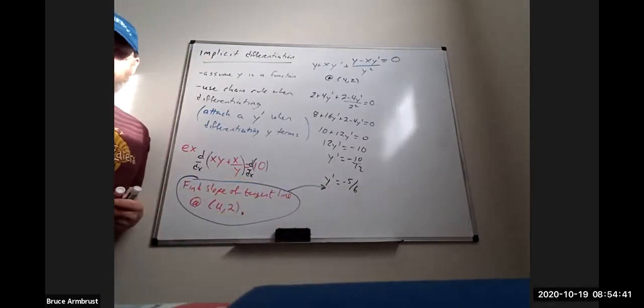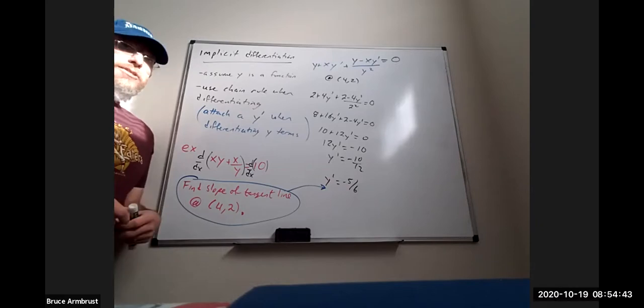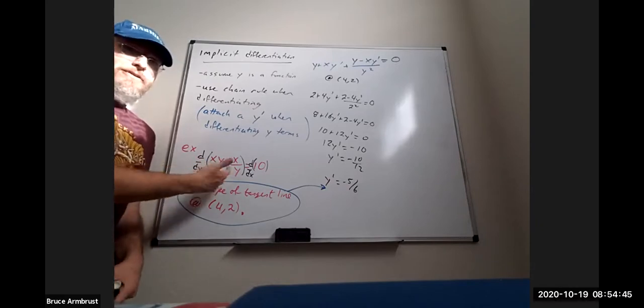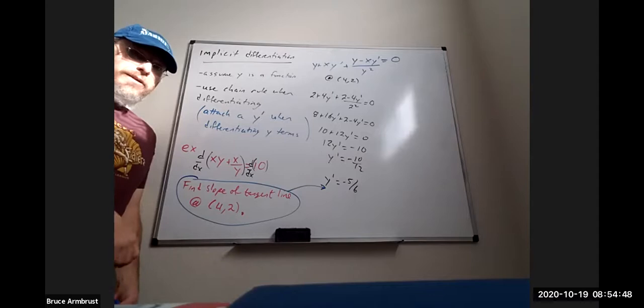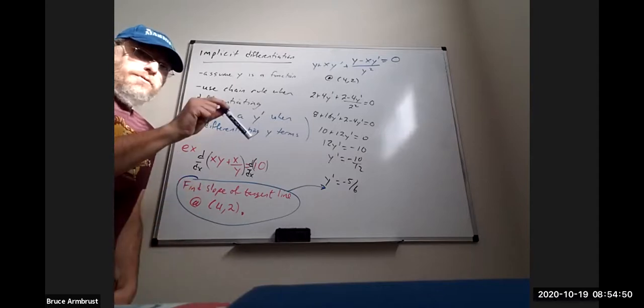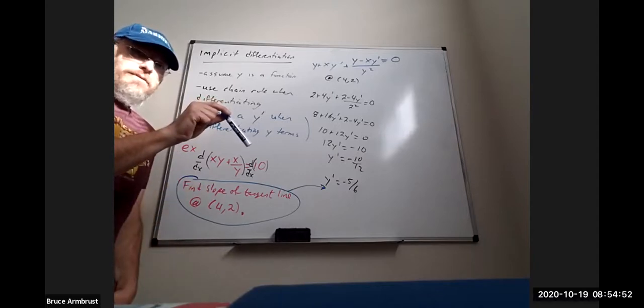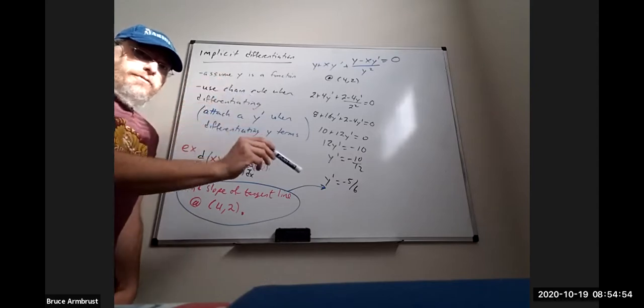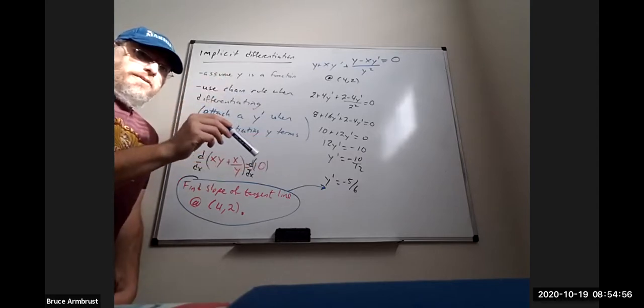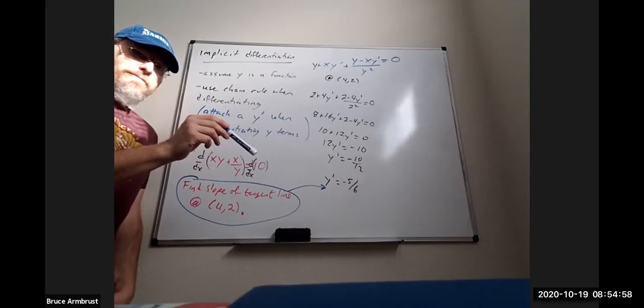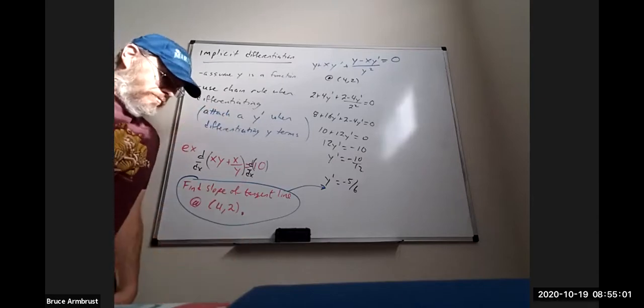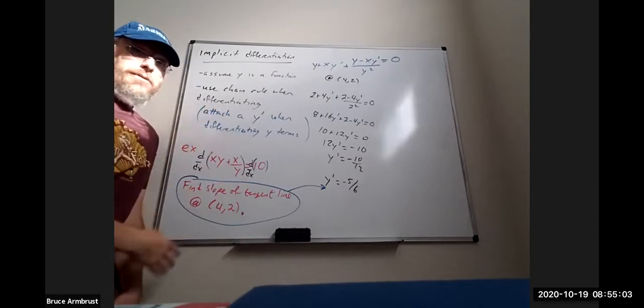is minus 5/6. So again, I have no idea what this graph looks like, but I can tell you at this point, it's got a slope of minus 5/6. It's going down 5 over 6. So the tangent line is pointing down, the decreasing slope. So I know that about this graph at this point.